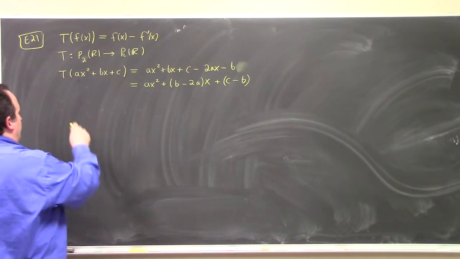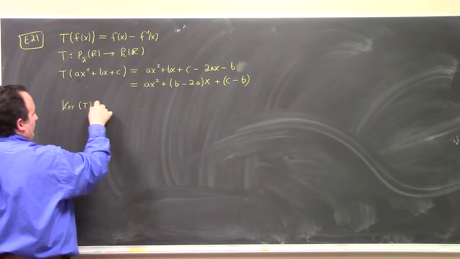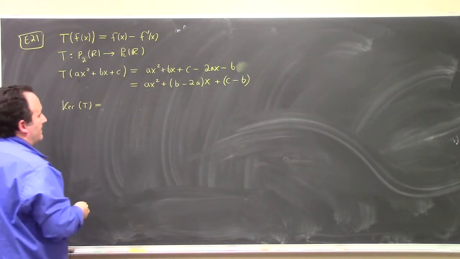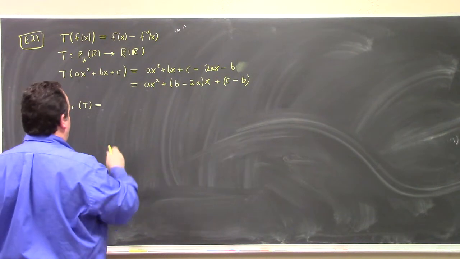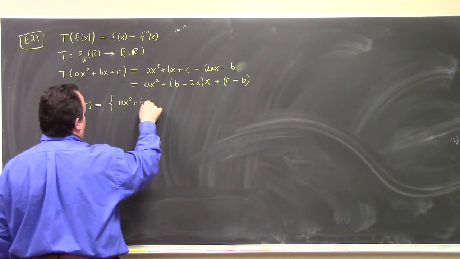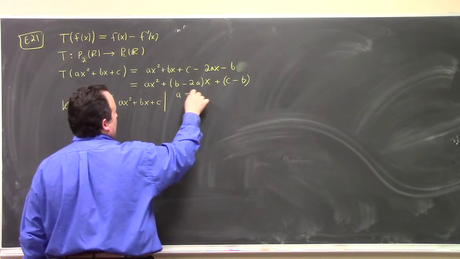What's the kernel of T? Definitely got 0 in there. Actually, you don't. The kernel of T are things like, oh, there's all the linear stuff. Oh, wait, no. We need a equals 0.